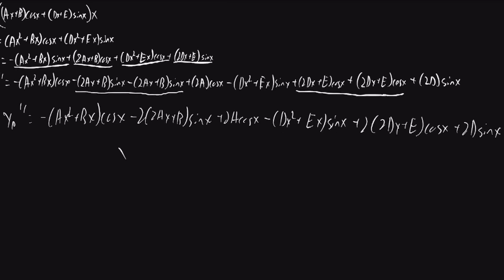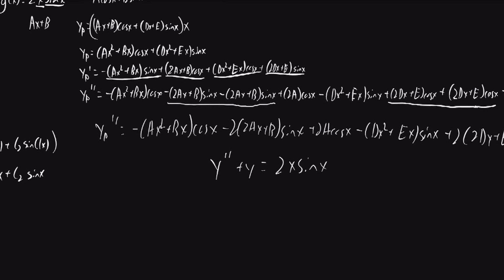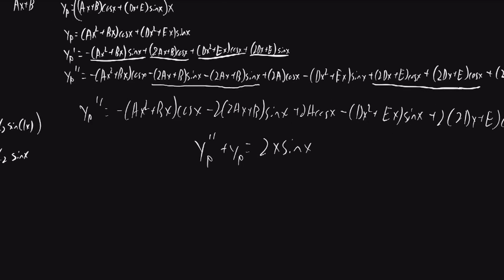The original differential equation was y double prime plus y is equal to 2 times x times sine x. Because yp is the solution to this differential equation, we can plug in yp and yp double prime into this differential equation.